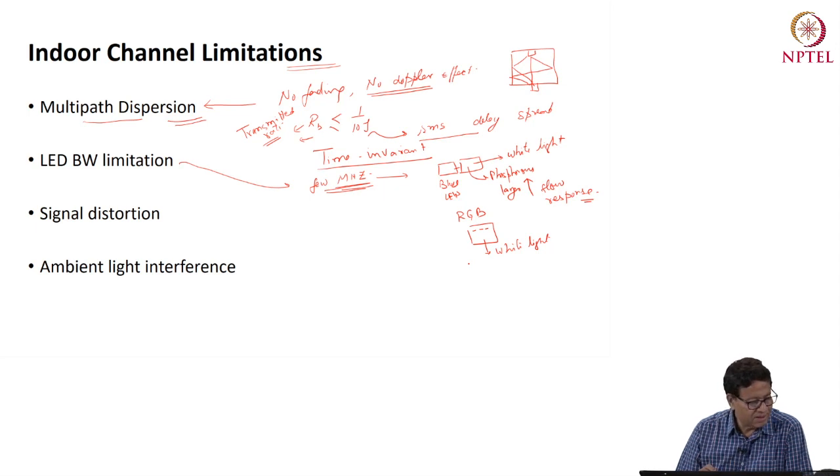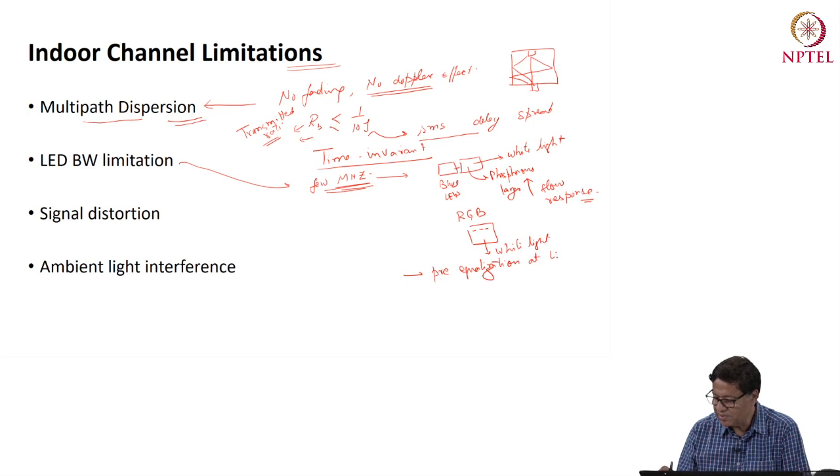There are other ways of increasing the bandwidth of the LEDs. You can use pre-equalization at the LED transmitter. One can use frequency domain equalization at the receiver.